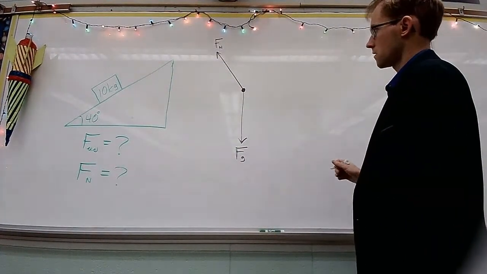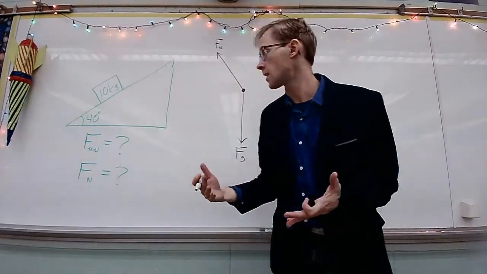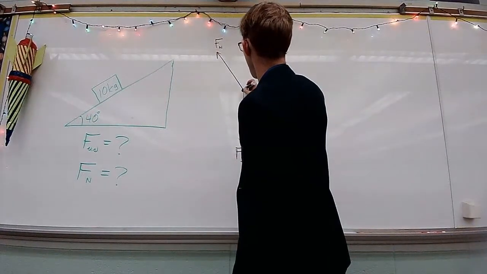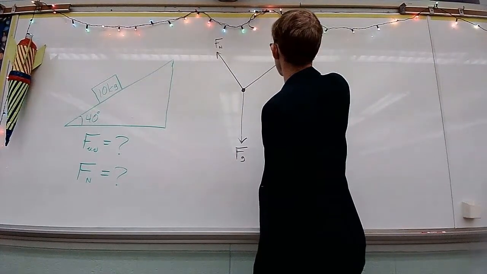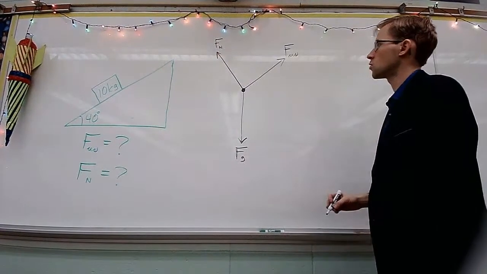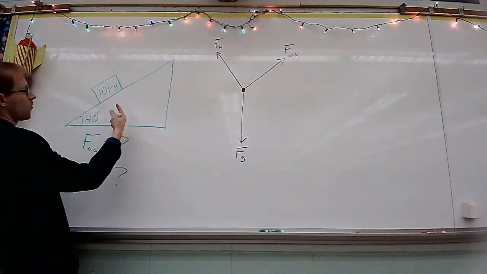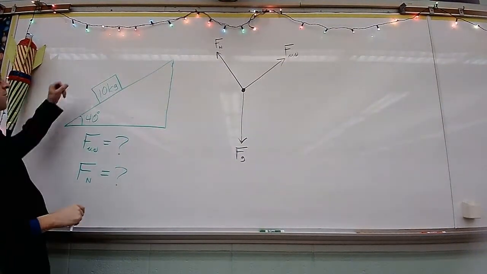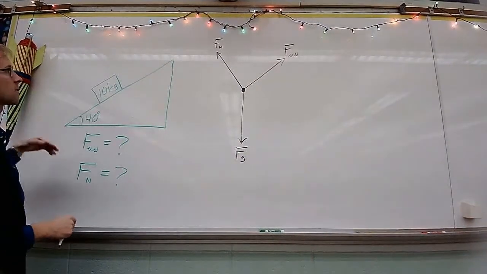Next up, the block is not moving, so there must be some friction here. And that friction is going to run parallel to the surface. And because the object isn't moving, it is static friction, as I mentioned before. So in the same way that normal force always runs perpendicular to the surface, friction always runs parallel to it, in line with the surface.